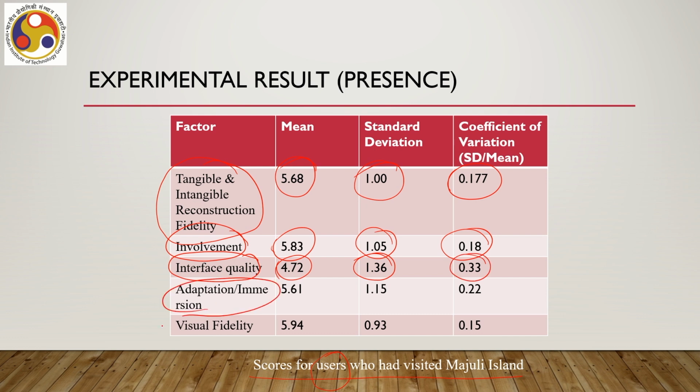Adaptation or immersion 5.61 mean, standard deviation 1.15, coefficient of variation 0.22. Visual fidelity mean 5.94, standard deviation 0.93 and coefficient of variation 0.15. Again, these are some numbers that we have obtained.